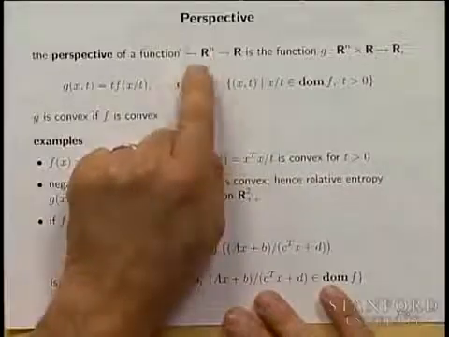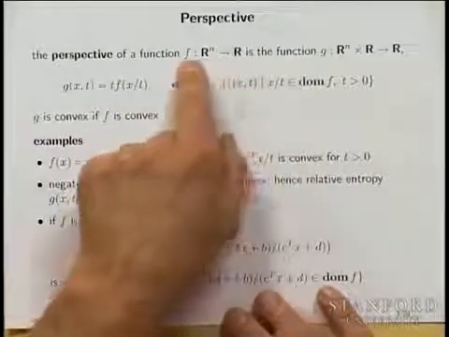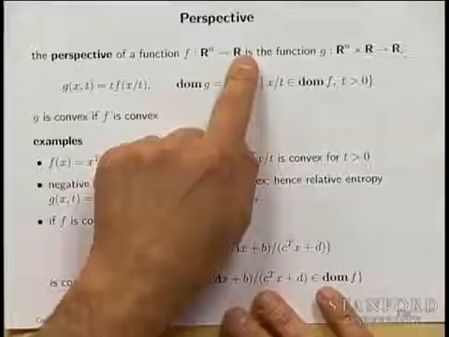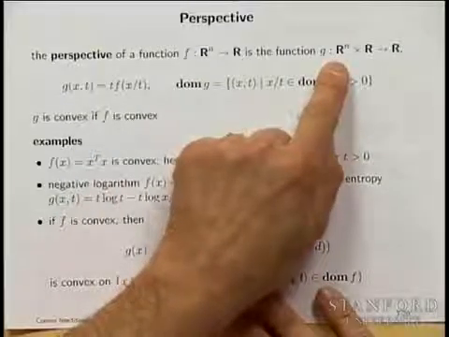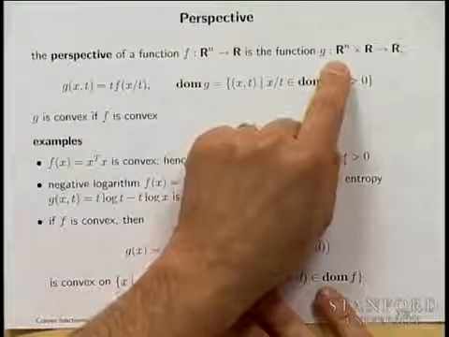So that's the so-called perspective of a function. The perspective of a function is a transformation. It takes a function from Rn to R, and it's going to produce a function which has one more argument.